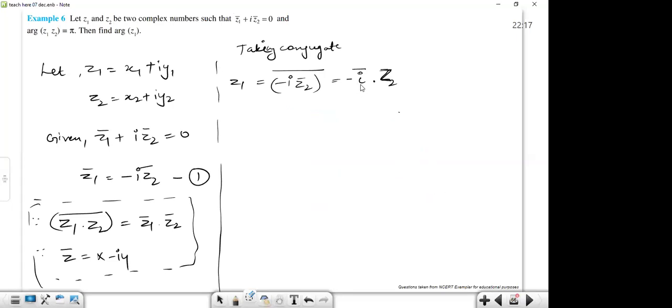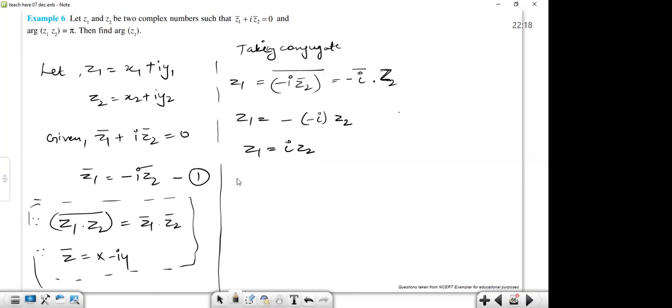Okay. So it becomes minus iota, so let's write it. Z1 becomes minus into minus iota into Z2. Now minus minus cancel. Z1 is equal to iota into Z2. Great. Now what we have to find is the argument of Z1 into Z2.